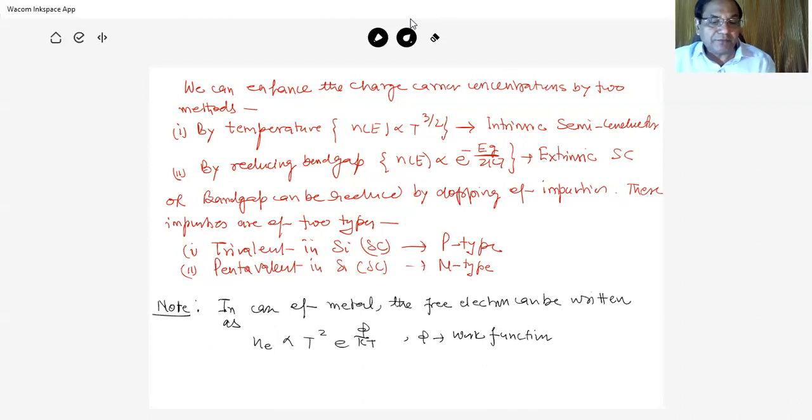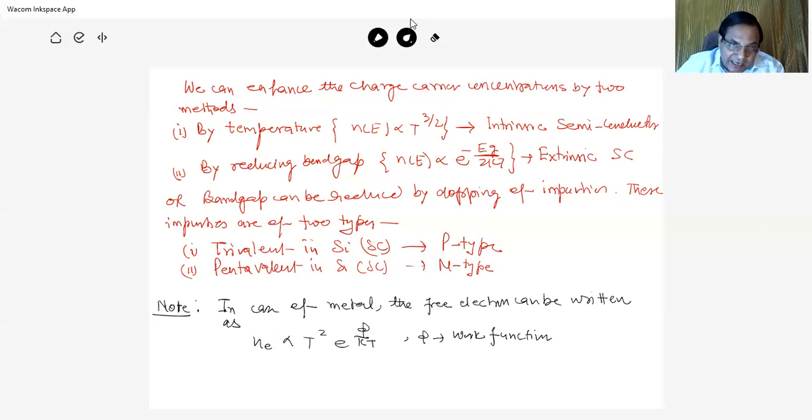This has very good use in these materials. So this is a basic difference in case of work function and in case of temperature.